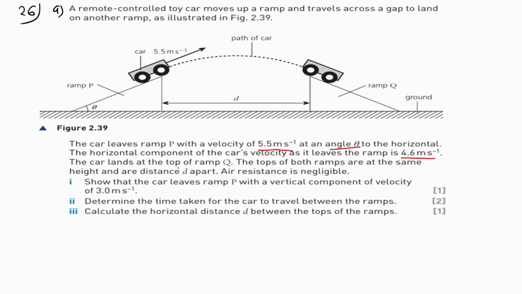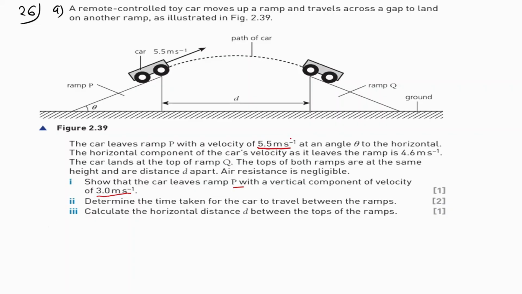The car lands on the top of ramp Q. The tops of both ramps are at the same height, a distance d apart, as we can see here. Air resistance is negligible. So the car leaves ramp P, and we need to show the vertical component of velocity is 3 meters per second.